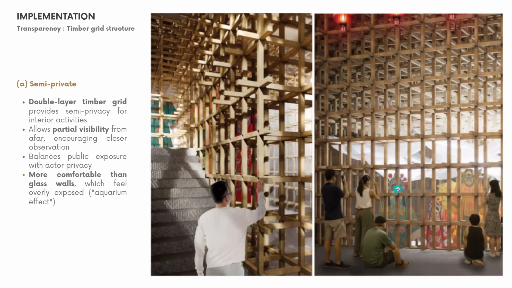It balances public exposure with actor privacy. Compared to exposing the backstage using only a glass wall, which gives a sense of being overly exposed, like the actors are inside an aquarium, adding this timber grid structure gives some sense of privacy, but not overly private, and still exposes some of the backstage activities for the audience.